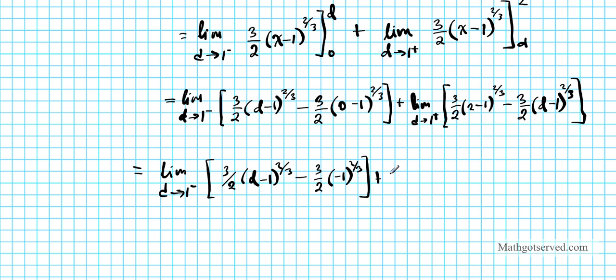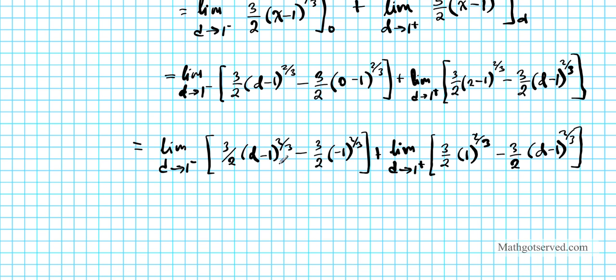And then here we have the limit as d approaches 1 from the right of 3 over 2 times 2 minus 1, which is just 1, raised to the 2/3, minus 3 over 2 times d minus 1 to the 2/3. Okay. All right, now we can take the limit where applicable and simplify where applicable.